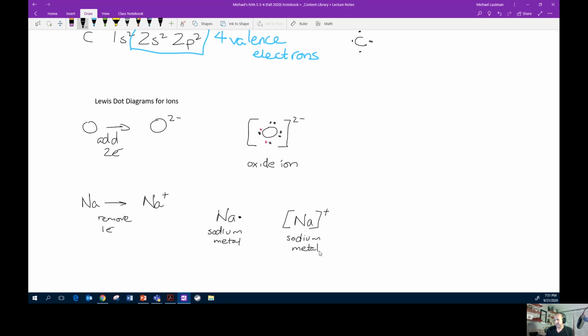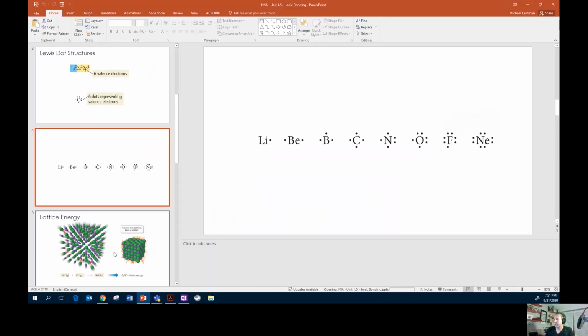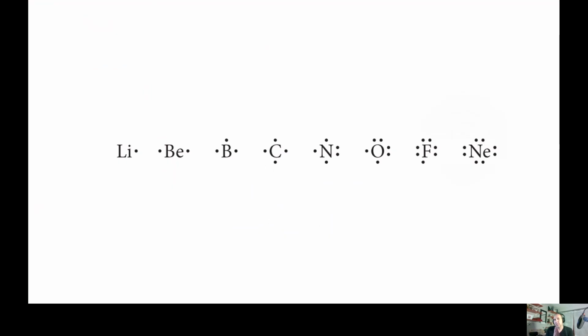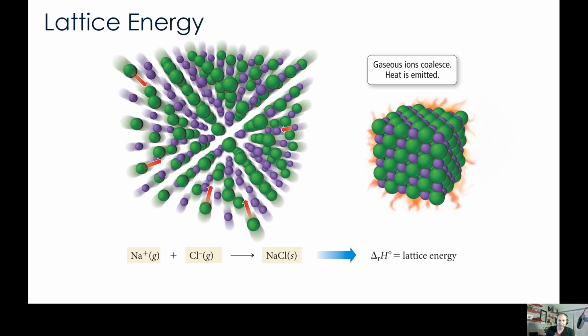The next question then is, how do we talk about ionic bonding? We're going to spend a lot of time on Lewis diagrams for covalent compounds in a few lectures, but not yet. Since we aren't talking specifically about bonds between individual atoms or ions when we're talking about ionic compounds, what we're actually going to discuss, rather than ionic bonding or the strength of an ionic bond, is something called the lattice energy.